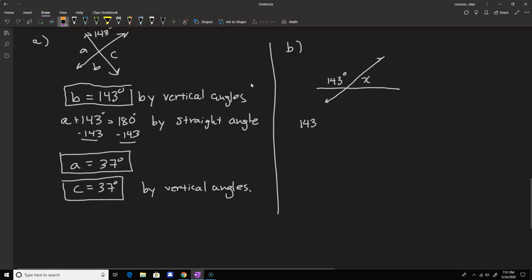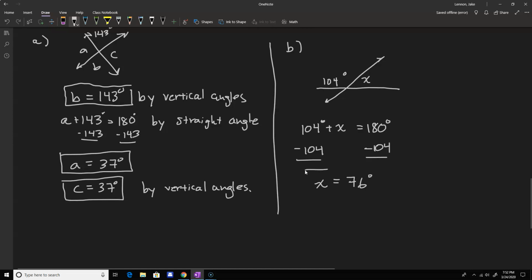I copied the same number from the previous problem. Seemed a little suspicious to me. So we have 104 degrees right here. So we know 104 degrees plus our angle X has to add up to 180 degrees. So subtract 104 on both sides. And we know that X has to have measure equal to 76 degrees.